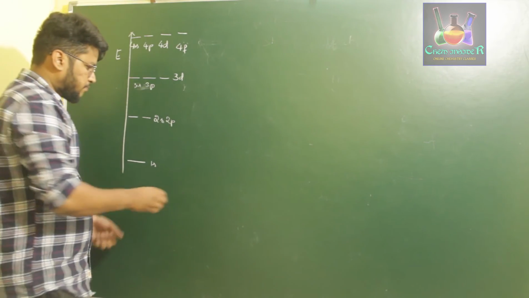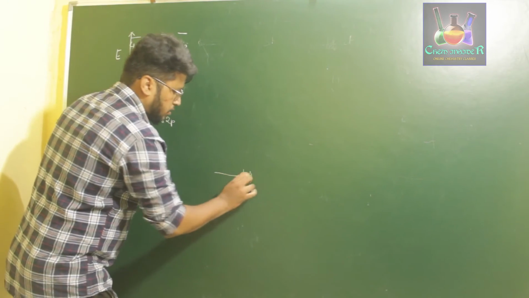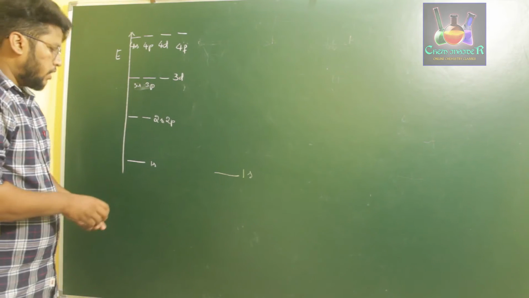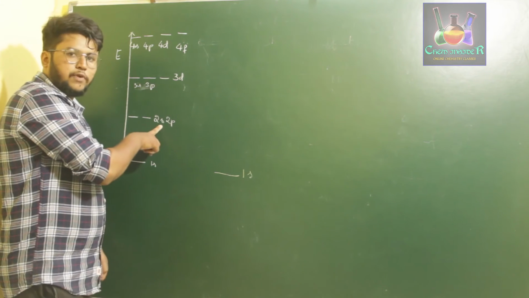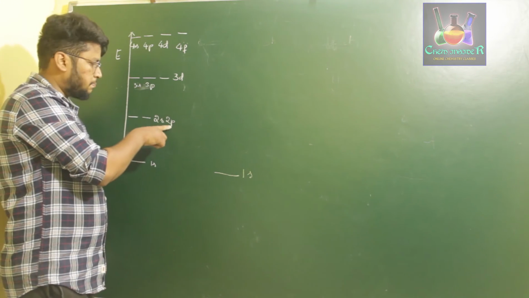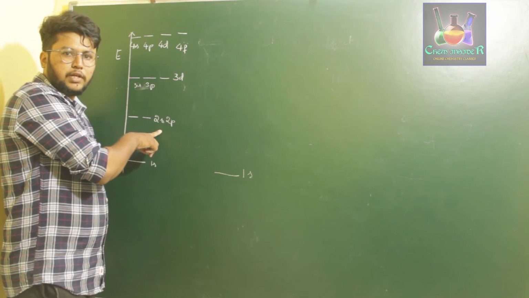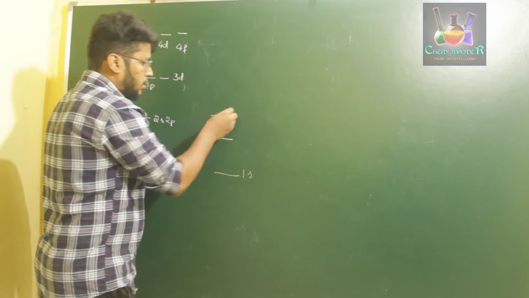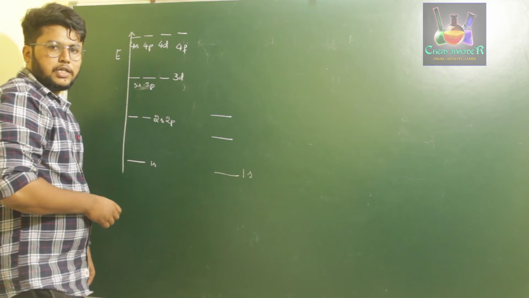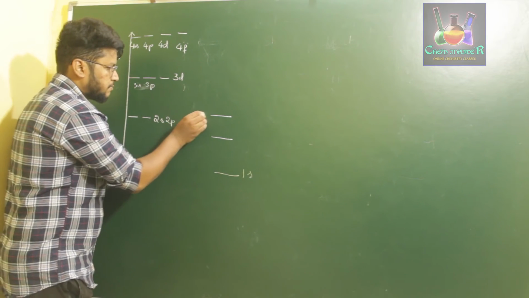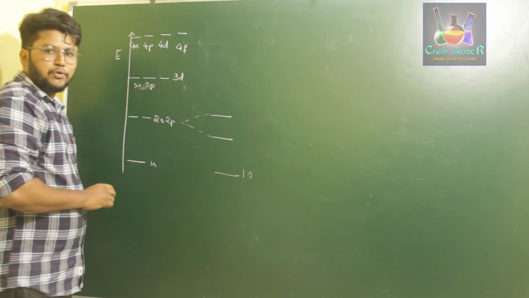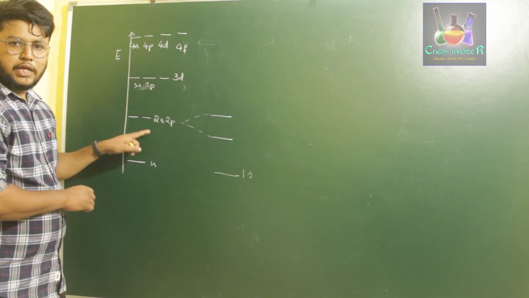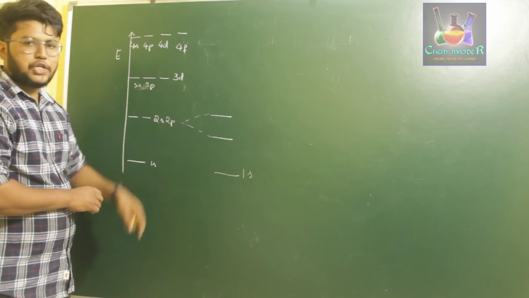So 1s will be singular because it has just one s orbital, and next for 2s, the effective shielding of s is greater than p, therefore s will have very low energy. So s will be at the bottom and p will be slightly greater than the degenerate level. So it splits into two, one with a lesser value than the actual, one with a greater value than the actual.